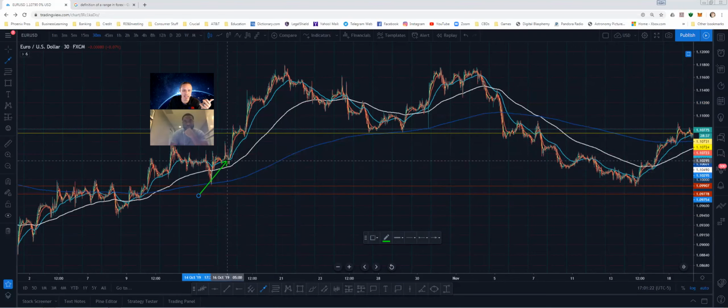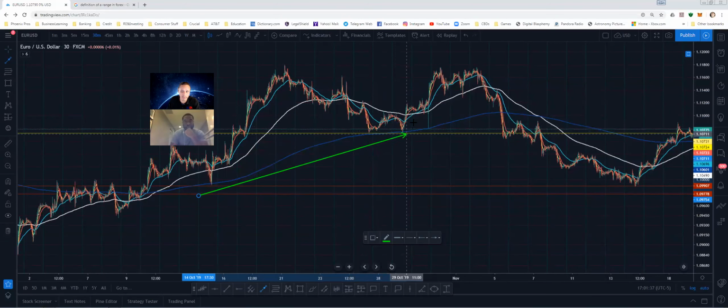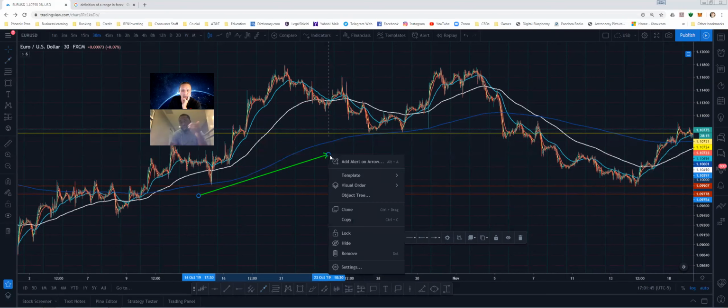Here it's using that 50, bouncing off of it, bouncing off of it. This becomes a kind of support. And when it breaks that support, that's telling me there's a direction change. And as we can see, it definitely changed direction. And that's how we make money. It tested the support, and for a reason, it's going in another direction.